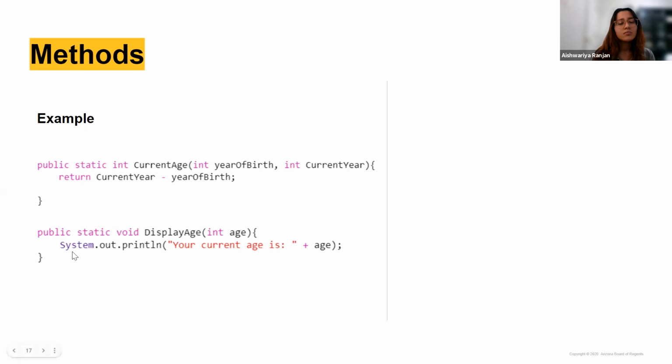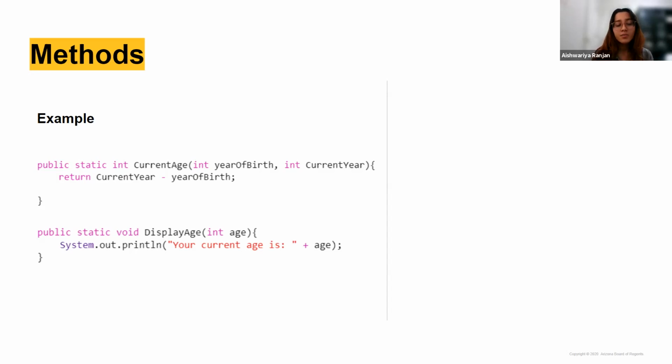Inside the method, we're printing out this statement, your current age is, and we're taking this variable to fill in the number. Why this is void is because you're not returning anything. In this method, you're just displaying your age, but you're not returning any value. So the return type is void for this particular method.